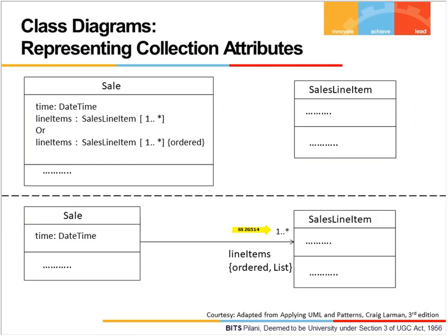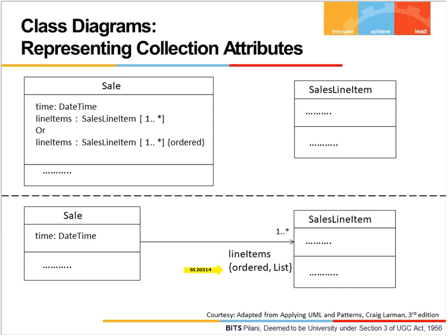The multiplicity is 1 to star, and it's an ordered list. You use the keyword list to specify it's a collection, and you use the keyword ordered to specify that it's an ordered list, right? At times it might not be ordered, so you can omit the word ordered and only specify that it's a list.